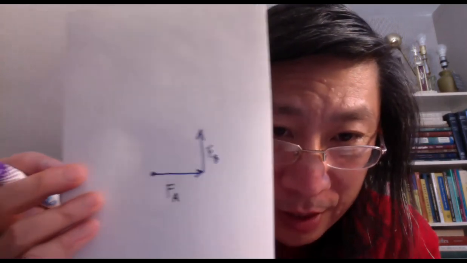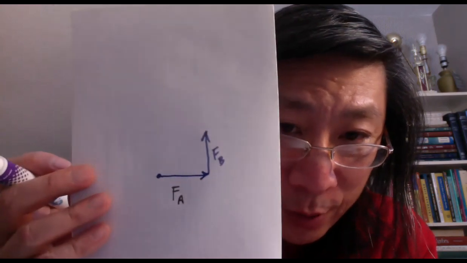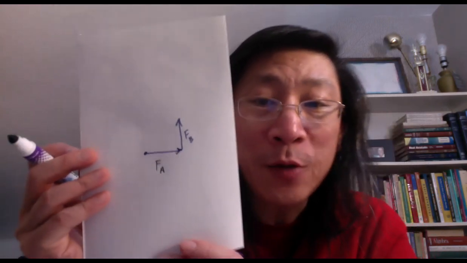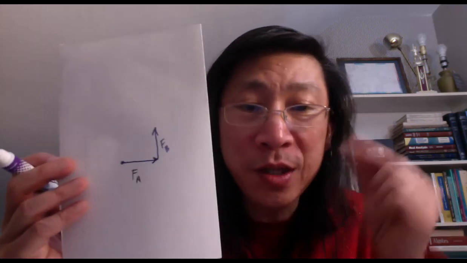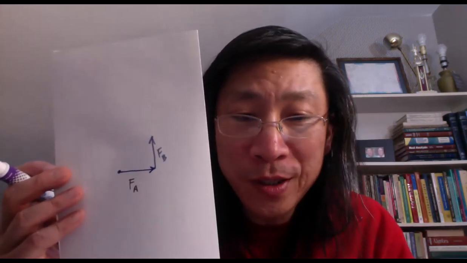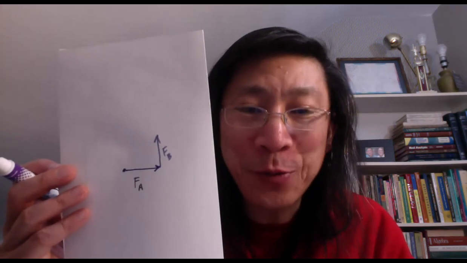But now this force is pushing this way, and we'll call that force B. All right, force A is coming that way. Force B is going the other direction. What's the net result? What's going to happen if these two forces combine to create one force? How much force is actually being exerted?